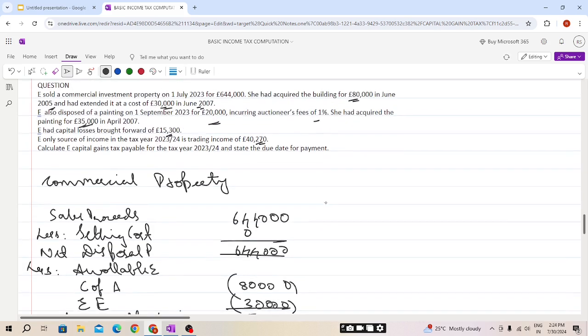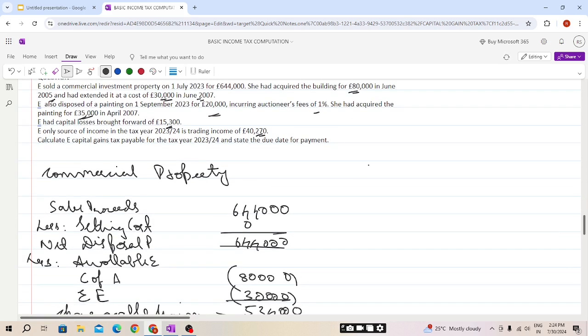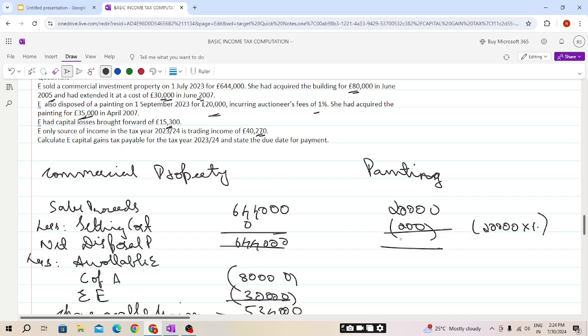Now coming to the case of the painting. Selling proceeds is mentioned as 20,000 pounds, students. Then less selling cost, 1% of the proceeds. It will be 20,000 into 1%, which is 200. So we arrive at net proceeds of 19,800, less cost of acquisition 35,000 pounds.